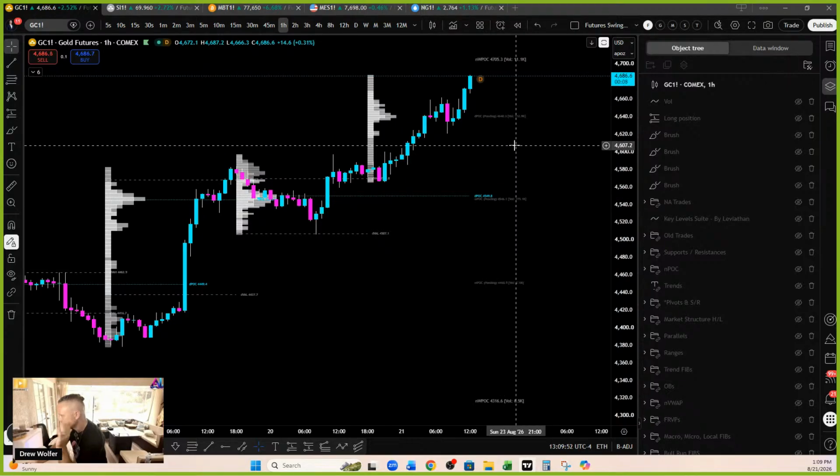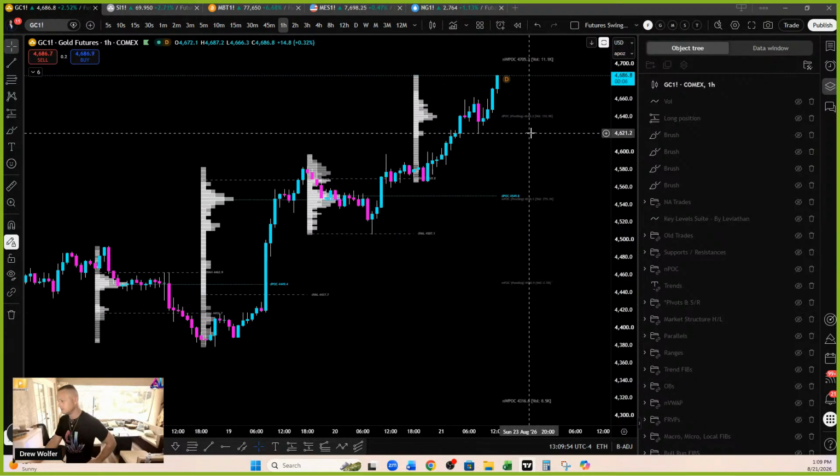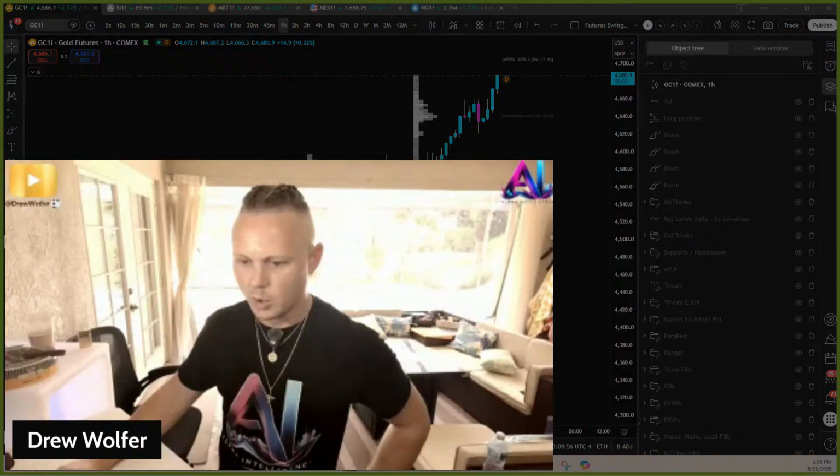So that's essentially all you need to know about the naked points of control and the naked VWAPs. Whenever those levels come in at the same time that price is testing order blocks or market structure is shifting and you've got swing failure patterns happening there, that's substantial evidence that a reversal might be happening.